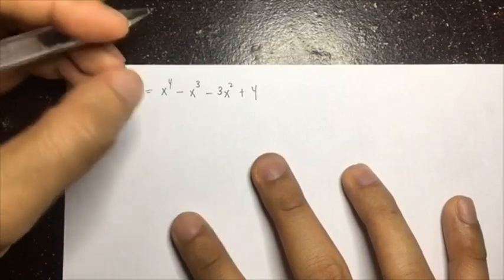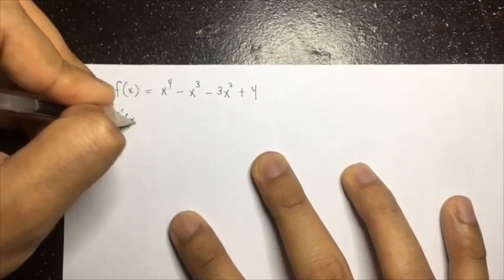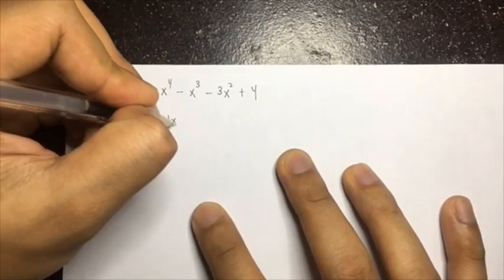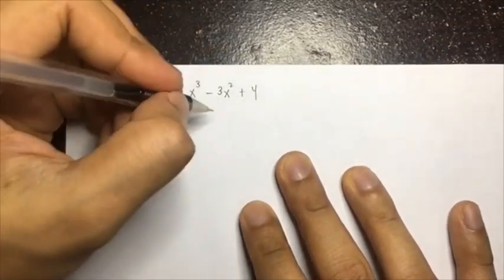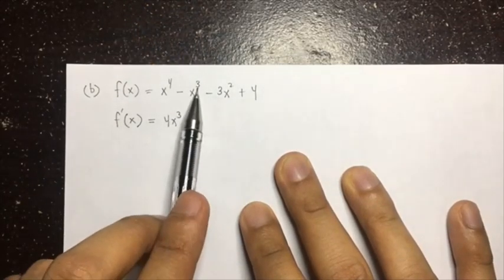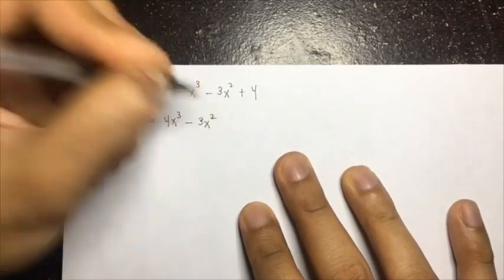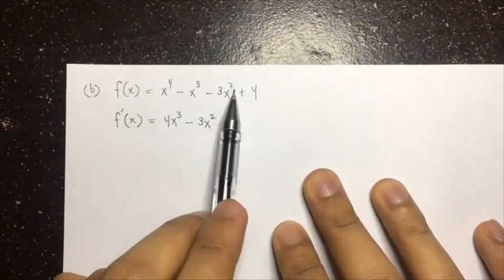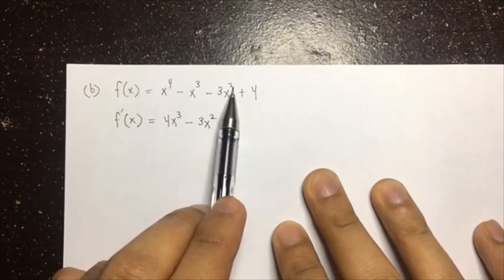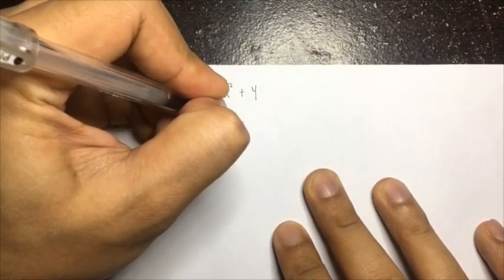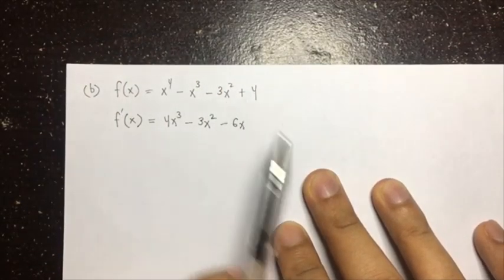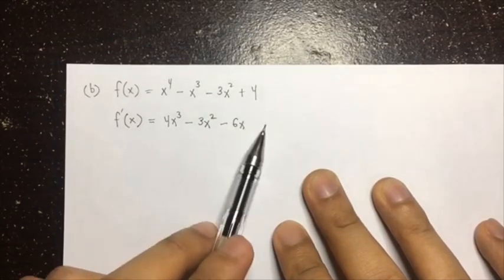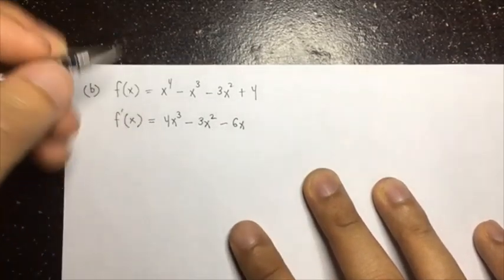Okay, so getting its first derivative, so this will be 4x cubed minus 3x squared minus, since we know that we're going to be multiplying the exponent by the numerical coefficient, 2 times 3, that is 6x raised to 2 minus 1, so that is 1. No need to write it if the exponent is 1, and then plus 4, which is basically 0.